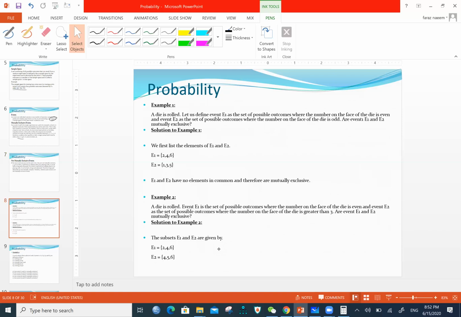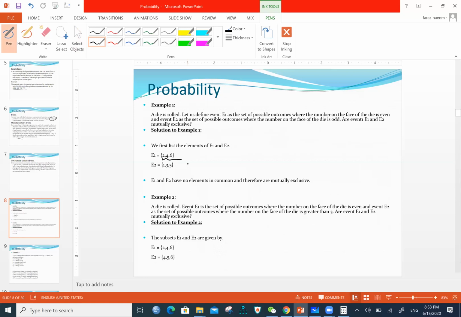Okay. Probability. A die is rolled. Let us define event E1 as the set of possible outcomes where the number on a face of the die is even, and event E2 as the set of possible outcomes where the number on the face of the die is odd. Are events E1 and E2 mutually exclusive? We first list the elements of E1 and E2. E1 is saying the die will show even numbers. So here we have all even numbers.